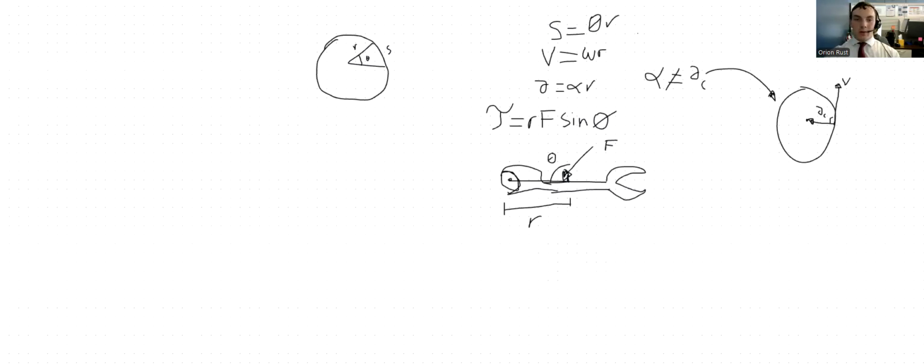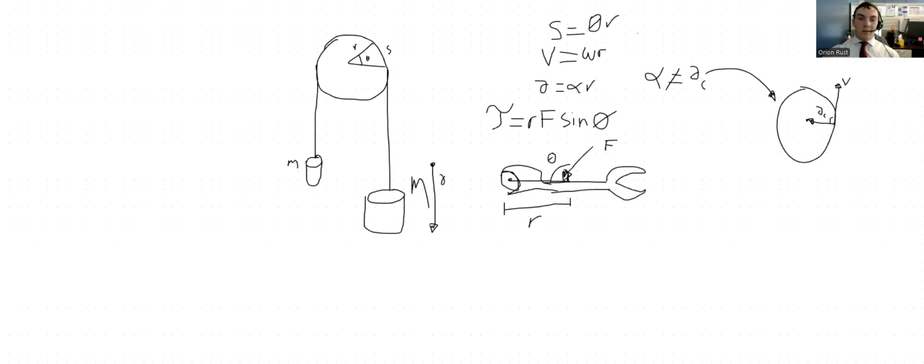So going back to our example from the pulleys, if we have two different masses, let's say we have a smaller cylinder, mass m, on this side, and a larger cylinder, mass capital M, on this side. Using our intuition, we know that the acceleration is going to be clockwise.